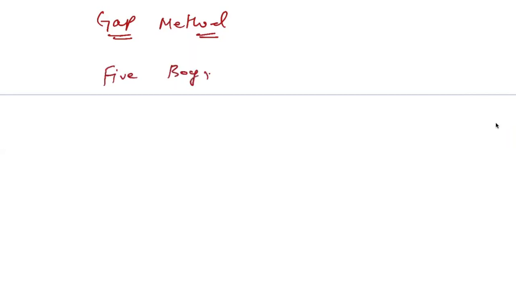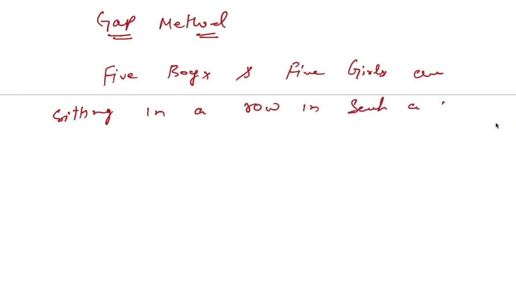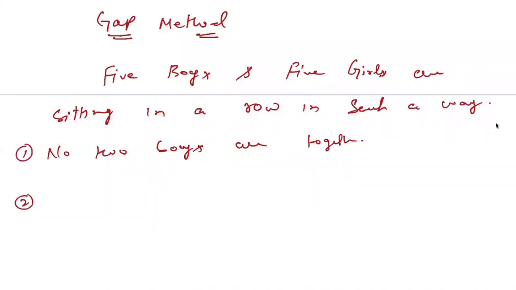Five boys and five girls are sitting in a row in such a way that, first question, no two boys are together. Second question, no two girls are together.